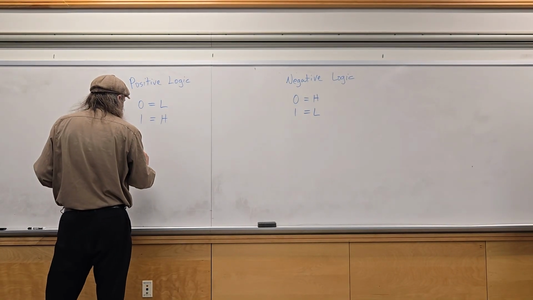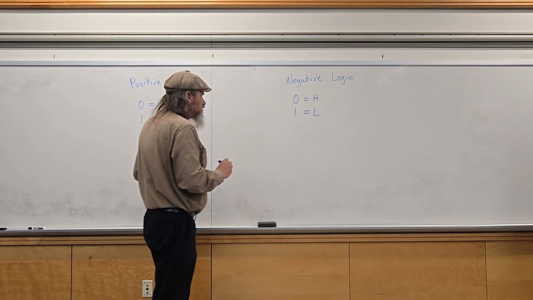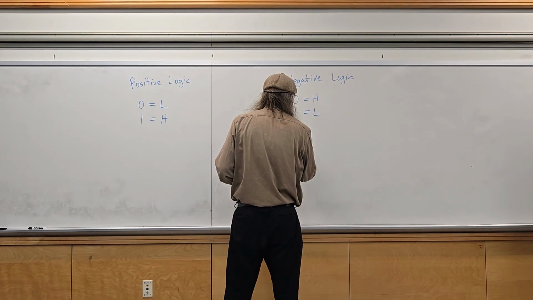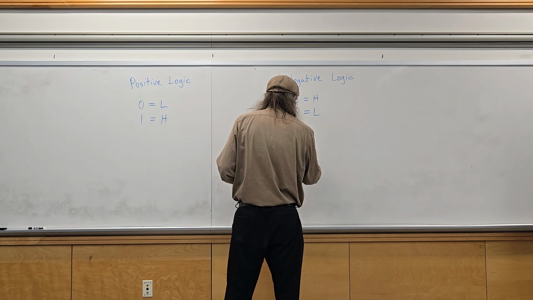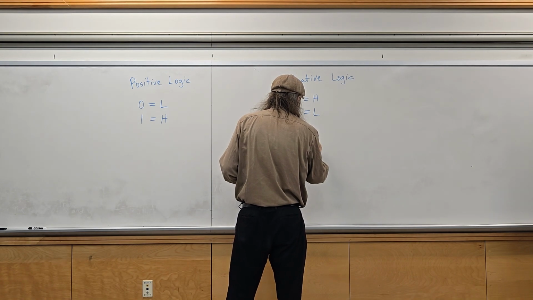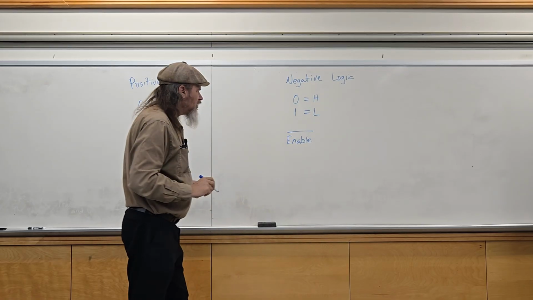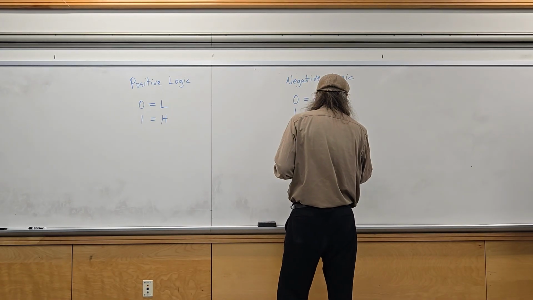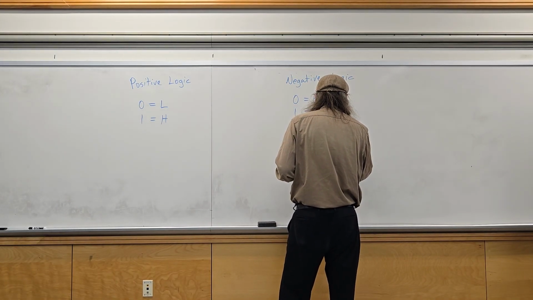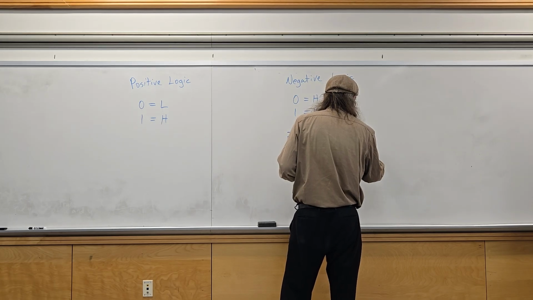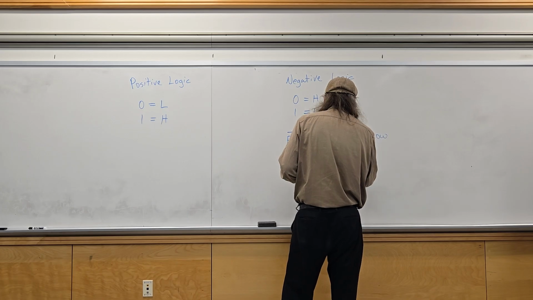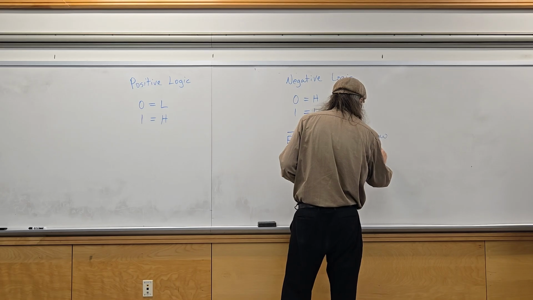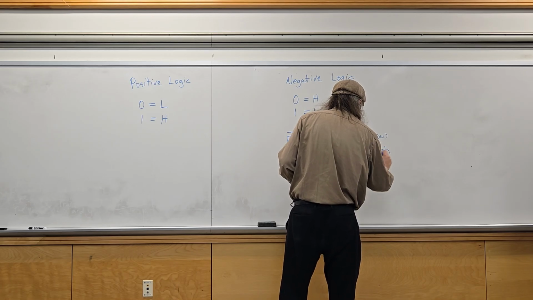With negative logic, you'll see something like an enable with a bar over it. That means enable is on when low, off when high.